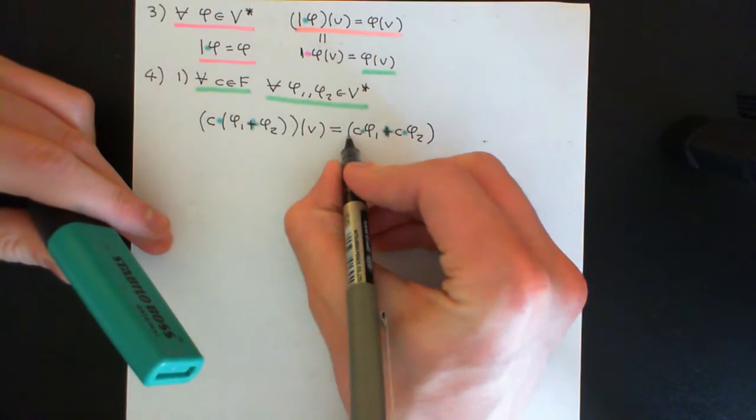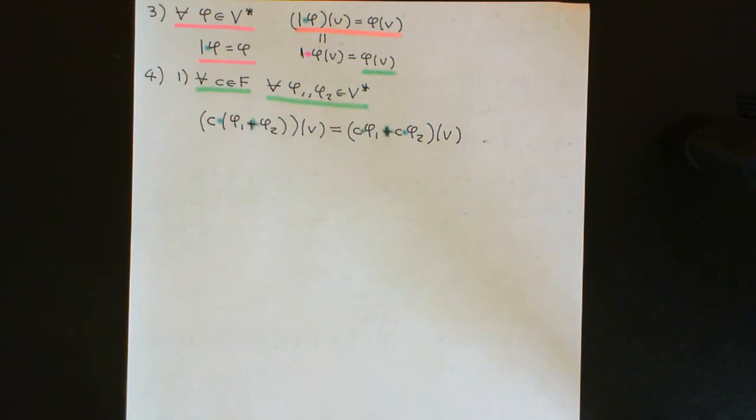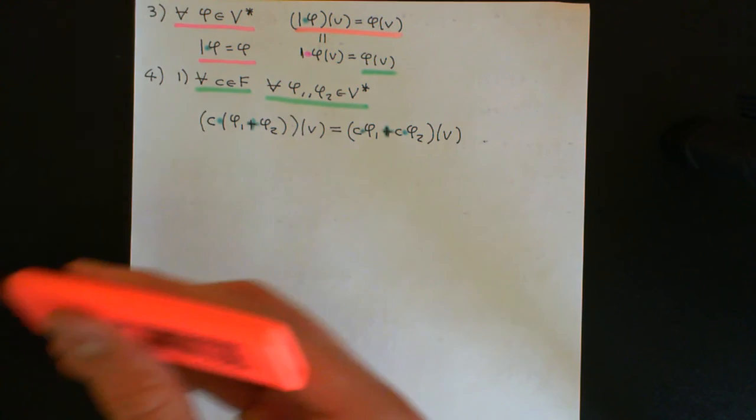And this then is a function acting on a vector in our original vector space, capital V, which we'll call little v.